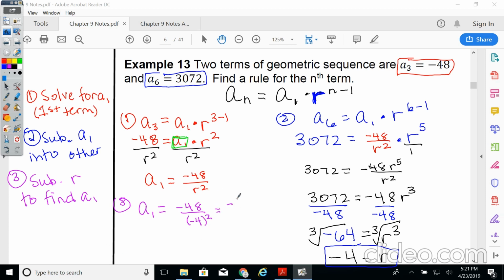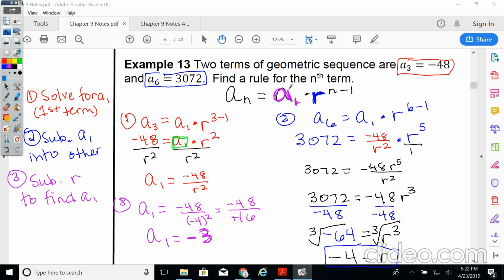Negative 4 squared is positive 16, because a negative and a negative make a positive. So a sub 1 is negative 48 divided by 16, which is negative 3. So that's the number that goes here.